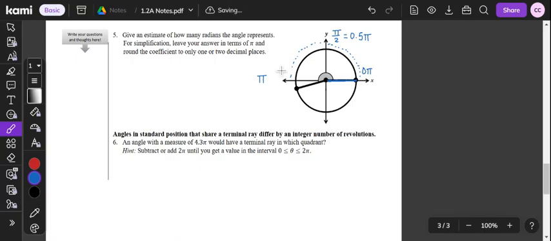So halfway around is pi. Then if I keep going one more, if this is half, or pi over 2, this is a whole, or 2 pi over 2, that means this is 1.5, or this is 3 pi over 2.